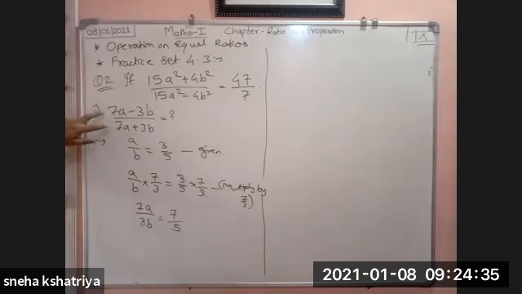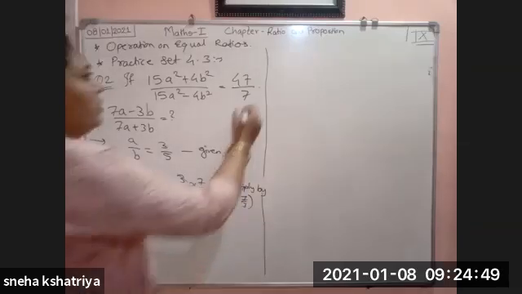So what we want here, see here, addition and subtraction is there. Let subtraction be at the numerator, but there is addition and subtraction, so compulsorily we have to use componendo and dividendo here. Okay.